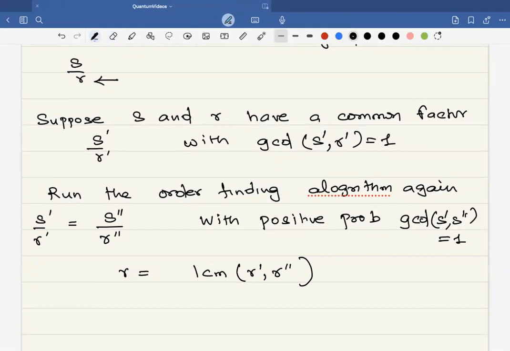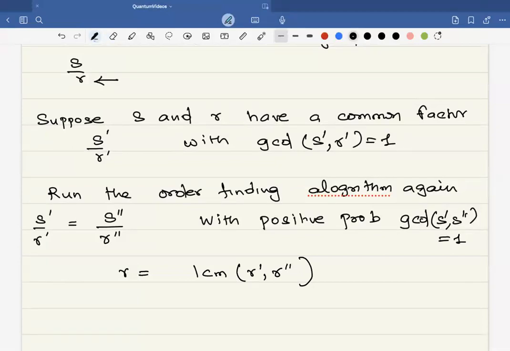And that's about it. Once we do the order finding algorithm, we'll get some approximation to S over R. We'll run that through the continued fraction algorithm to get a fraction S over R in lowest terms, and mostly we'll be done over here.